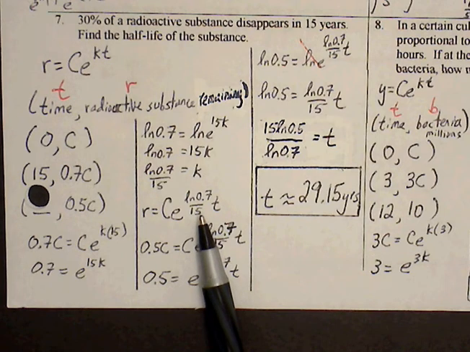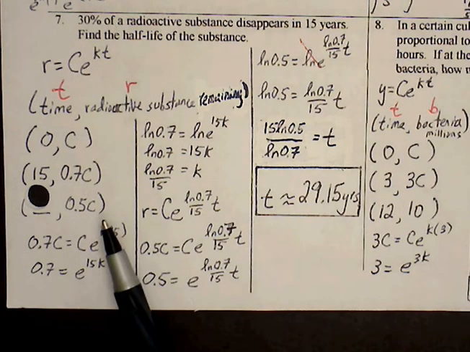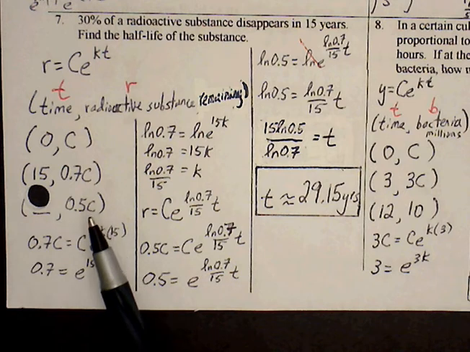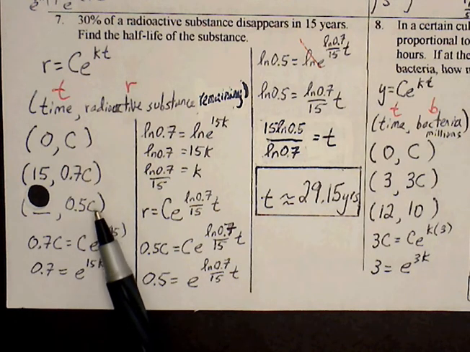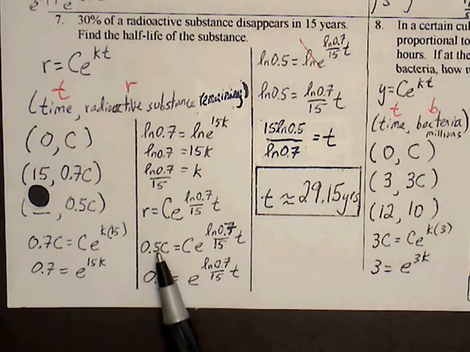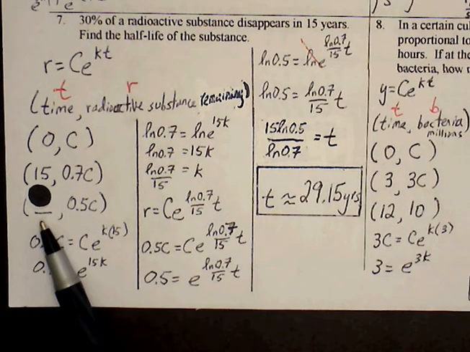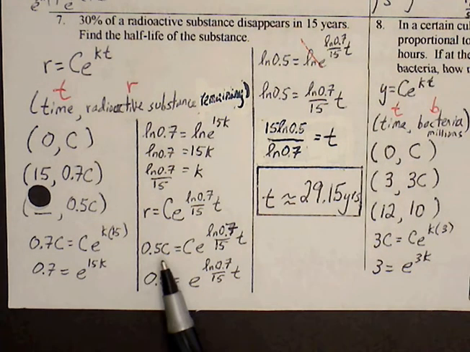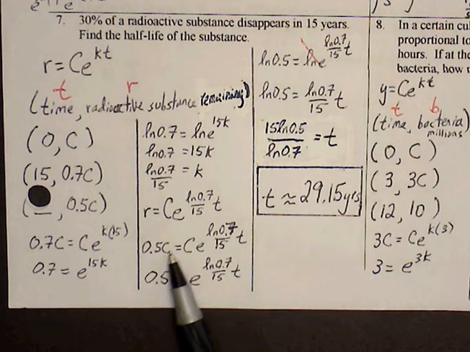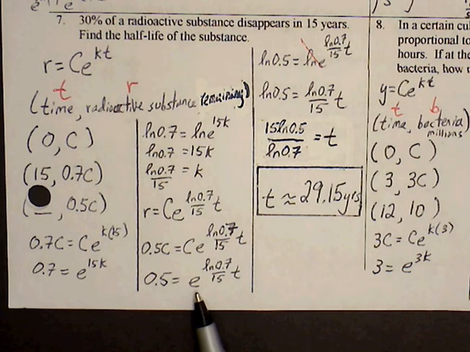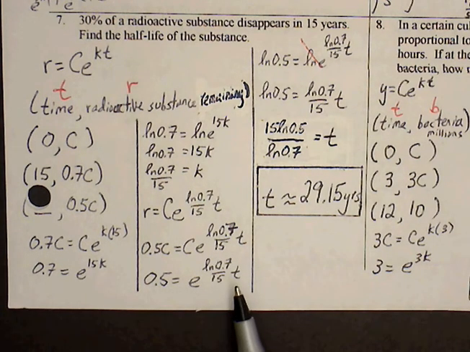Now let's see if we can use the other ordered pair available to us to help us solve for time. So 0.5 C plugs in for R, and we're looking for time. Again, the convenient thing is that the C's will cancel out, so 0.5 is equal to e to the ln of 0.7 over 15 times t. We want to solve for t.